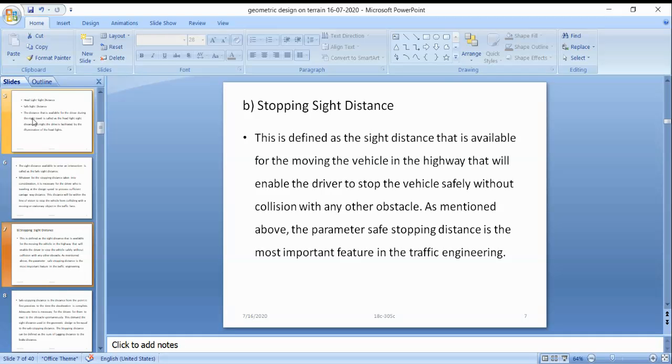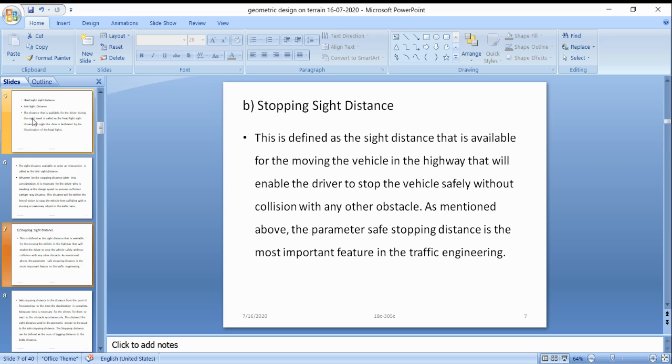So the stopping sight distance is defined as the sight distance that is available for the moving vehicle on the highway that will enable the driver to stop the vehicle safely without collision with any obstacle. The safe stopping distance is the most important feature in traffic engineering.